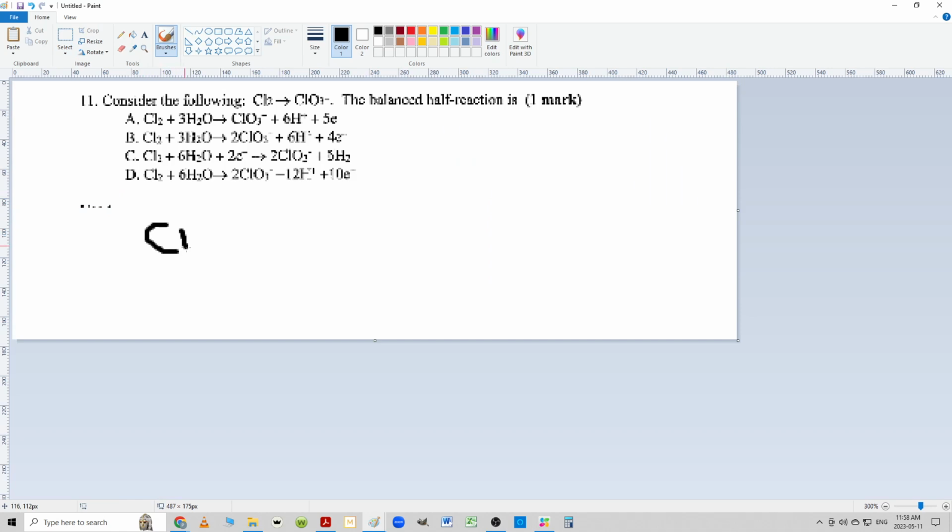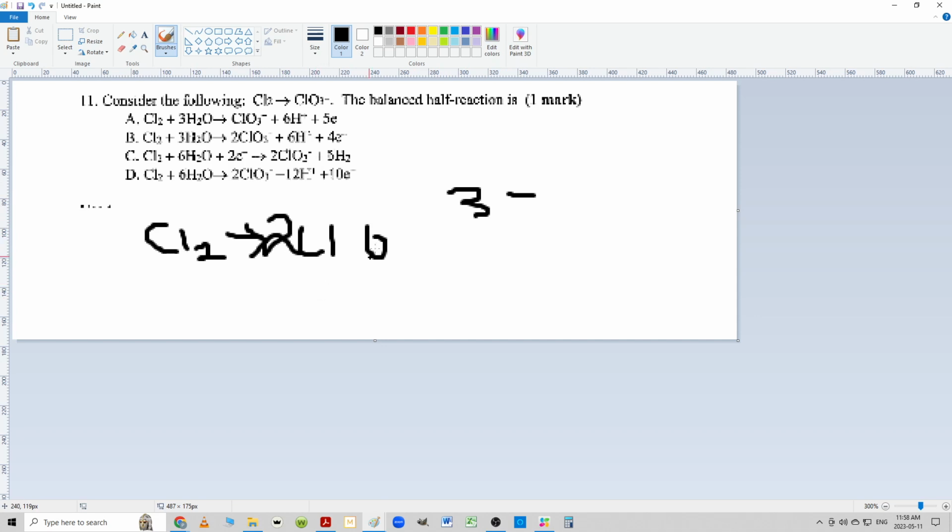So I'm going to just write Cl2. I'm just going to write the reaction first. I can see that there's not enough chlorines on the right. There's 2 on the left, so I have to write a 2 here. Oh, sorry, and that was a 3 minus charge, right? Which is ClO3 minus. Okay. So I have to write a 2 there.